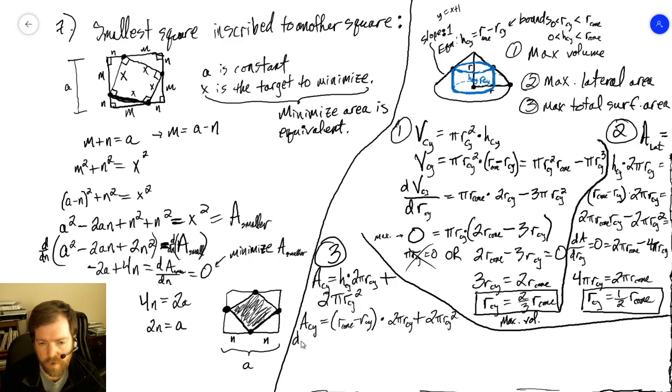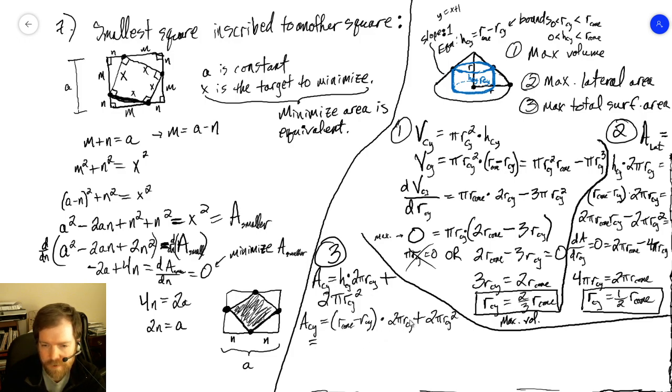Alright, and then we want dA dr cylinder to be equal to 0, which again, then we're going to take the same. Well, that seems to be easier. We're going to back up a little bit. Let's simplify this.